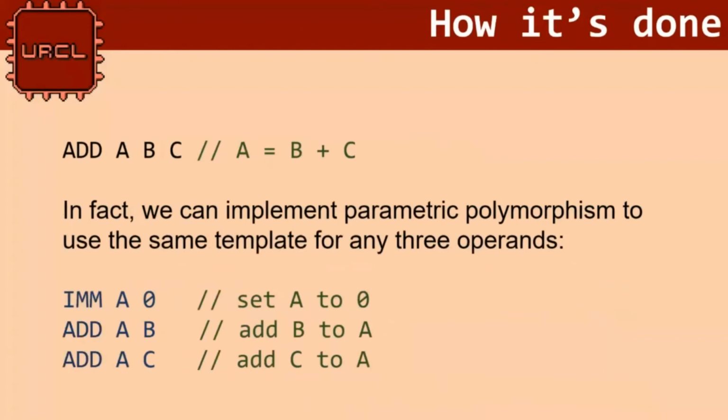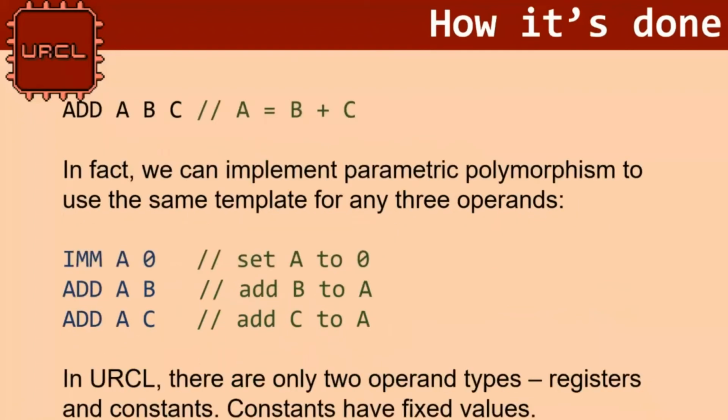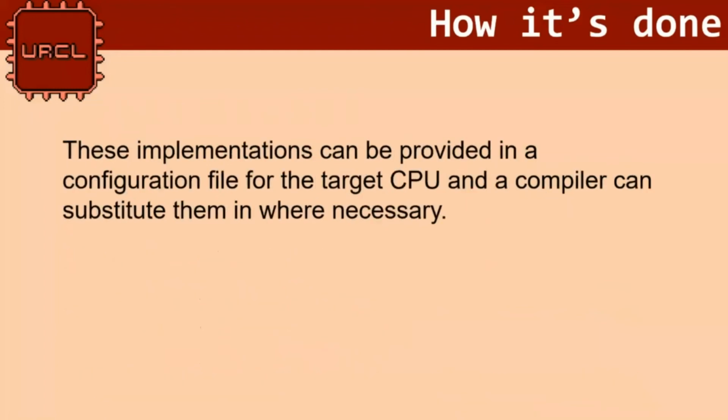They could be any values, A, B, and C. Because in URCL, there are only really 2 operand types, registers and constants, which are just numbers. So these implementations can be provided in a configuration file for any target CPU. So one single compiler can compile a URCL program to many different CPUs, and all you need to provide is a list of implementations.